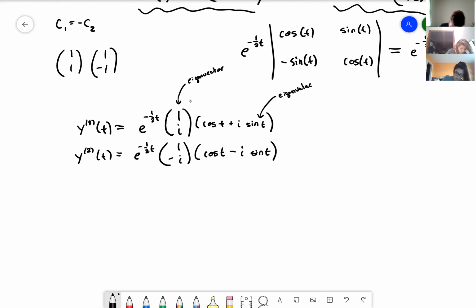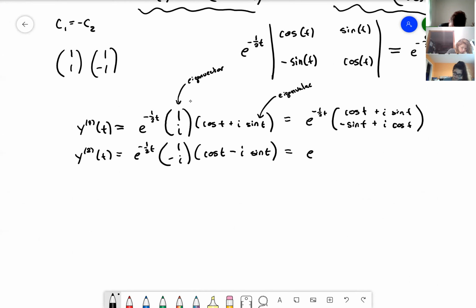And so what we see here is that if we write this out as a vector, e to the minus 1/2 t, cosine t plus I sine t, and negative sine t plus I cosine t.